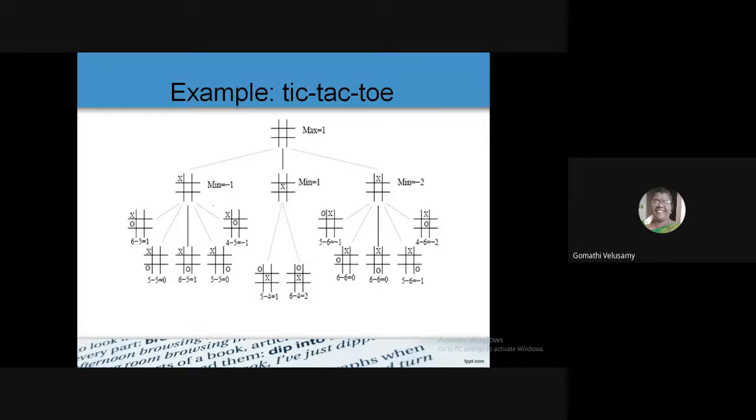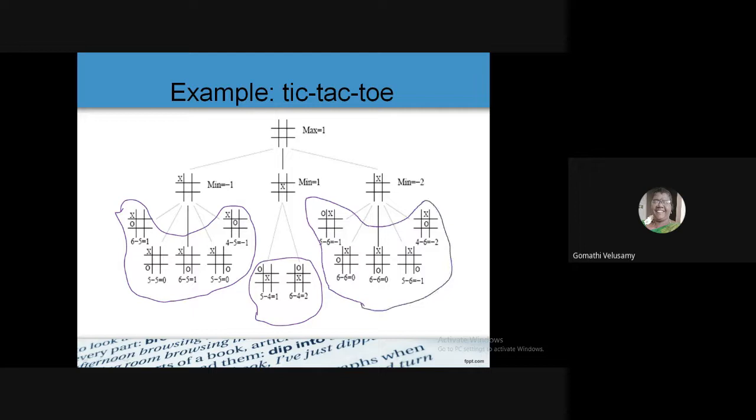This is the max level and this is the min level. Assuming that only 2 levels are shown here with a terminal node. So all these are terminals. So here this terminal has 5 possible states and this terminal has 2 possible states, and here this terminal has another 5 possible states.